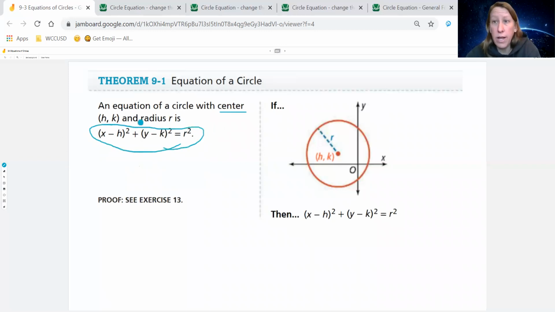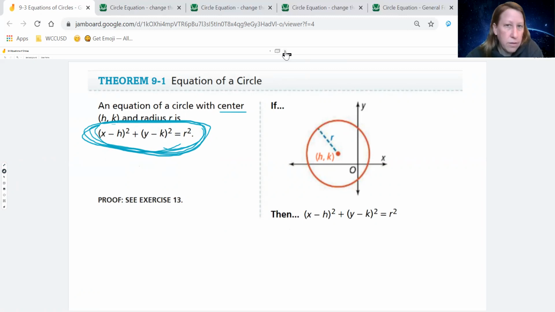Anytime you work with a circle equation, I want you to write this every single time. Write it over and over again. It's a really good way to memorize. So every practice problem you do, every test problem you do, I want to see this formula written down. That's too much? Come on, you can do it. Just take time, memorize it, get used to it.